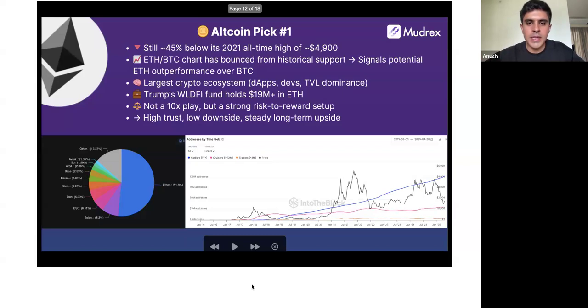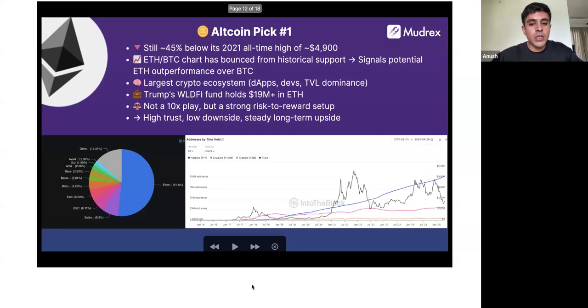Now, apart from this, let's look at the fundamental angle, right? It's still the largest ecosystem in crypto by far. The number of dApps, developer activity, the community, it's unmatched, right? And when it comes to TVL, total value locked, Ethereum still dominates by a long, long shot. It's not even close.